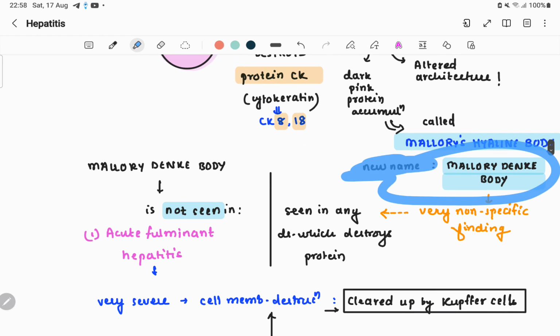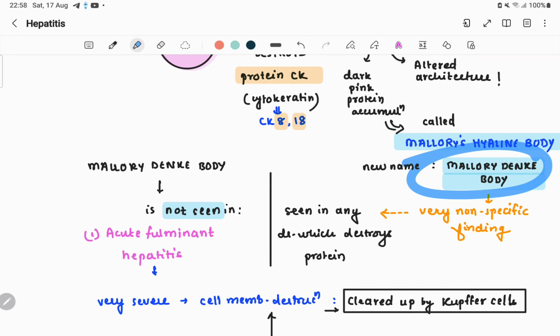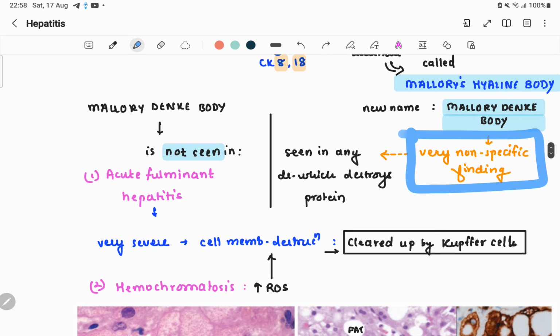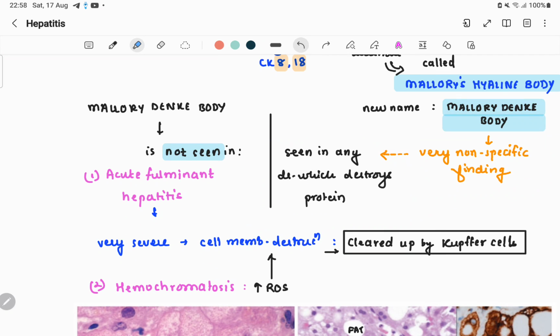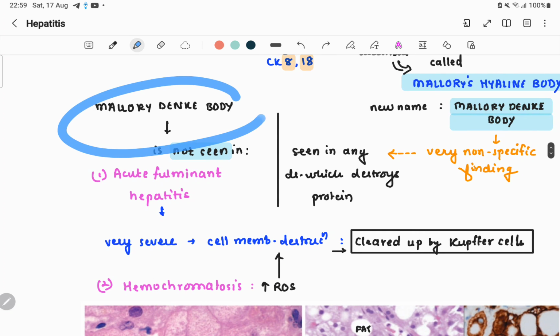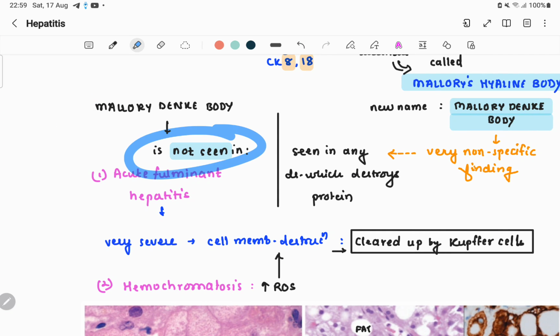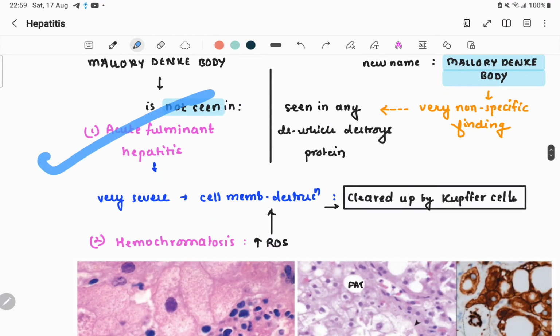The new name is the Mallory-Denke body. It's a very non-specific finding and is seen in any disease which will destroy the cytokeratin. And this Mallory-Denke body is not seen in acute fulminant hepatitis.